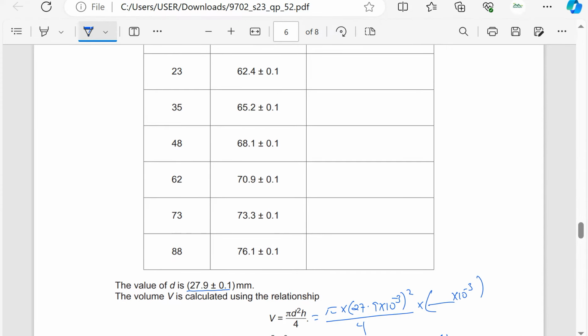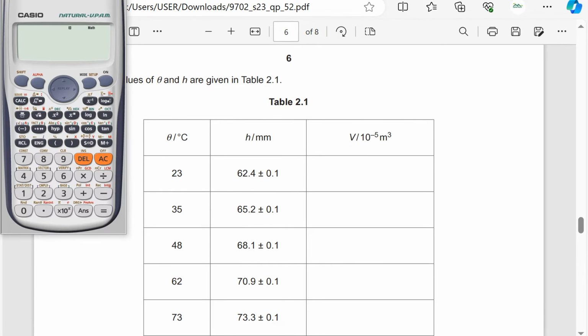Let's try to fill the table here. For the first one, we are finding V. V is going to be pi times (27.9 exponent minus 3) squared, then times the value for h, which is 62.4 exponent minus 3, divided by 4.